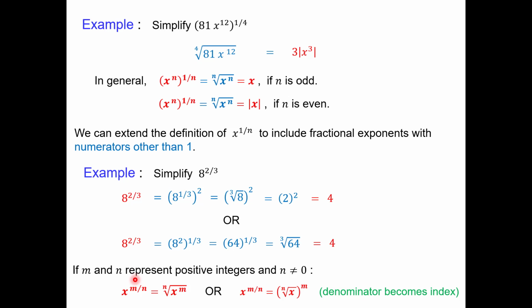The numerator, m, it's the exponent on x, but you can either put it inside the radical with x, or you can actually put it all the way outside with parentheses and put the radical inside. So either way works. It's just sometimes, depending on what you're working with, the values, one of these two ways of simplifying or rewriting might be easier to work with, but these are both true.